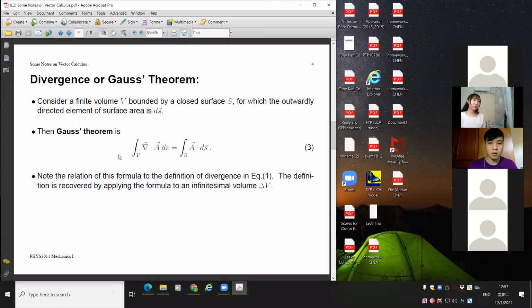This is the so-called Gauss theorem or divergence theorem. Later you'll find this Gauss theorem or divergence theorem very useful when you study electrostatics. Okay, Gauss law.